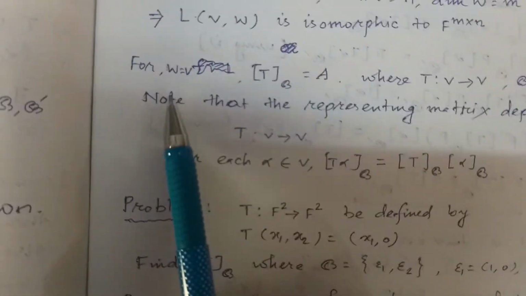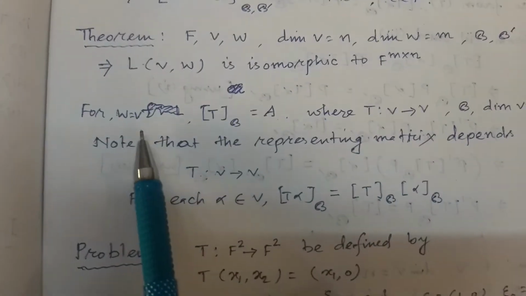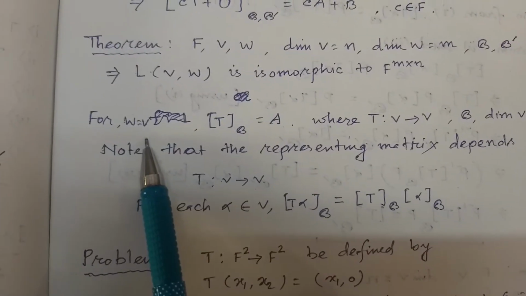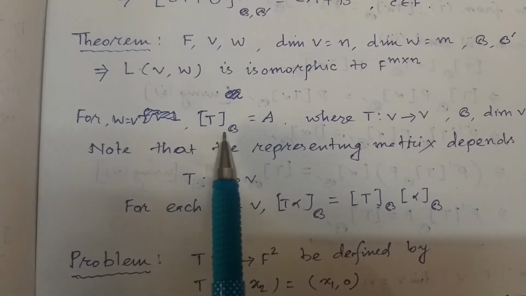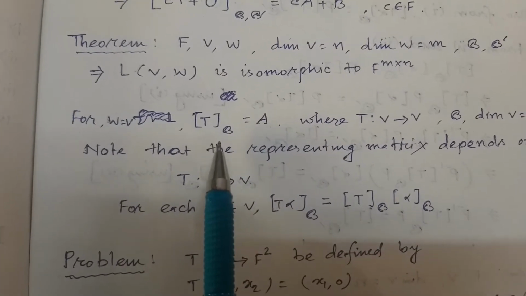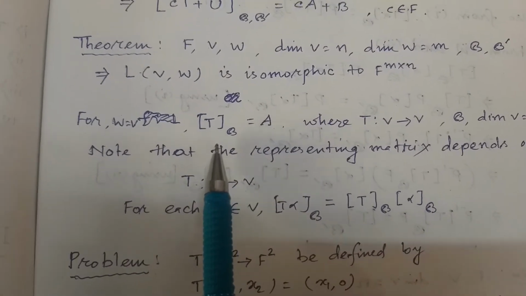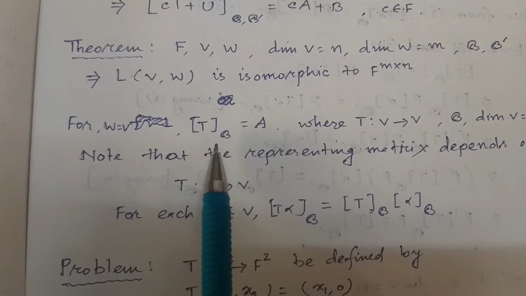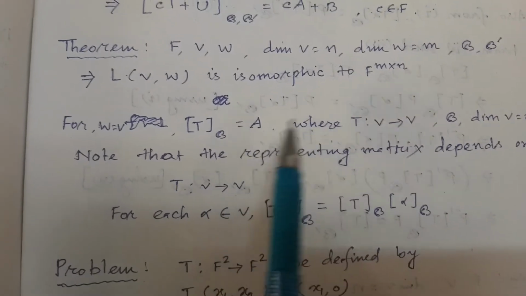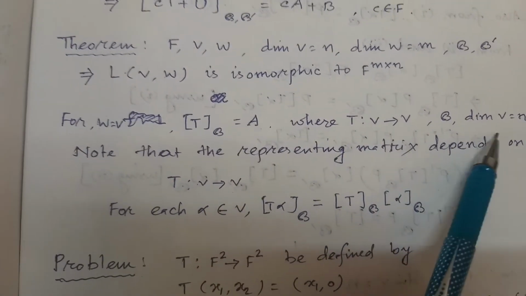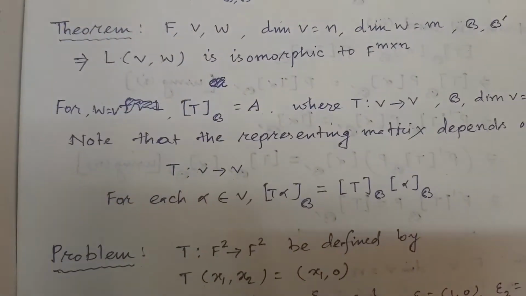Fine. Now if we choose W equal to V, that means we have T from V to V, this is an operator. Then we write the matrix, then B and B dash will be the same basis of V, and the matrix of T with respect to B equal to A, where T from V to V, dimension V equal to n.